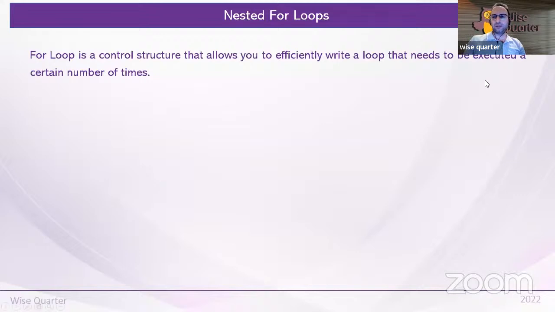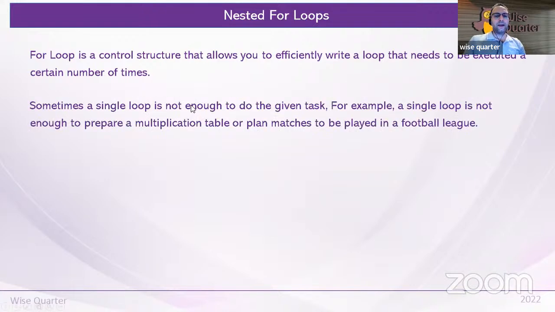Sometimes a single loop won't be enough for your calculations. You know, loop means you are executing the same body again and again. And when you want to prepare a multiplication table, for example, you will need two loops.